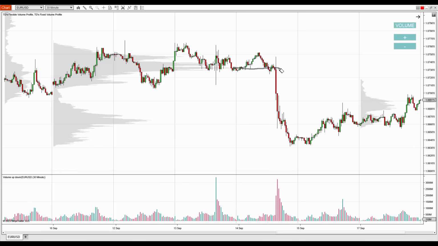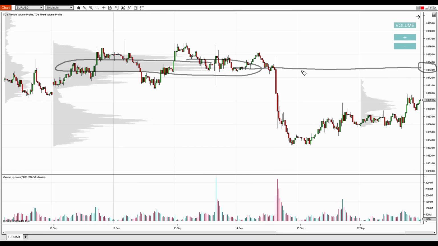This is the place where the volume profile is the widest, around this price. And this at first sight can tell you what is the most important zone in the chart. It is the zone where the heaviest volumes were traded in the past.